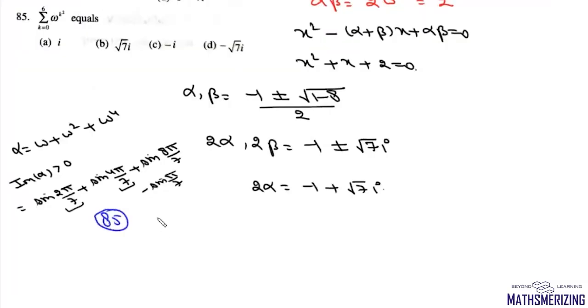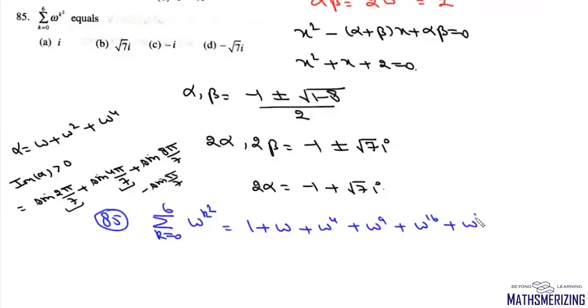Now question 85 is, we need to find this summation, k varies from 0 to 6, omega to the power k square. Now omega to the power 0 is 1, omega to the power 1 is omega, omega to the power 2 is omega to the power 4, omega to the power 9, omega to the power 16, omega to the power 25, and then omega to the power 36.